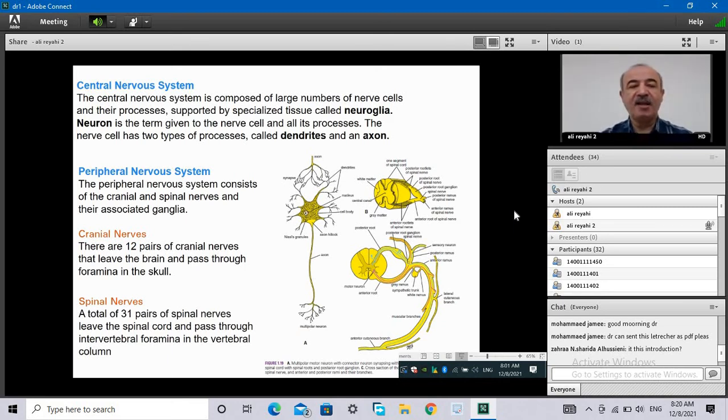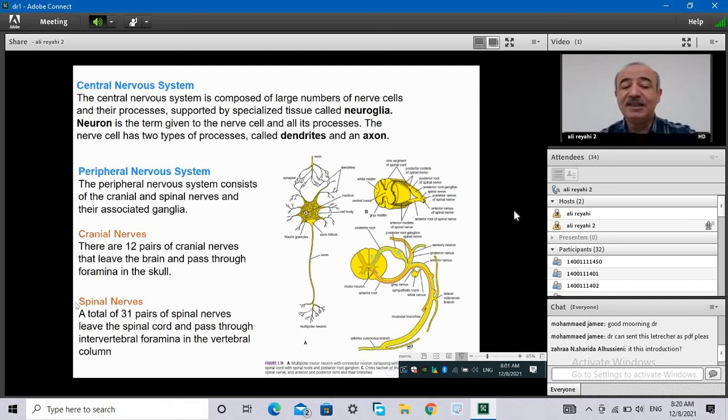Now I talk about the peripheral nervous system. The peripheral nervous system consists of the cranial and spinal nerves and their associated ganglia. There are 12 pairs of cranial nerves and 31 pairs of spinal nerves.